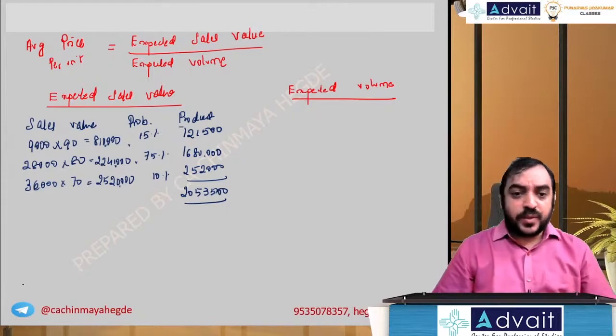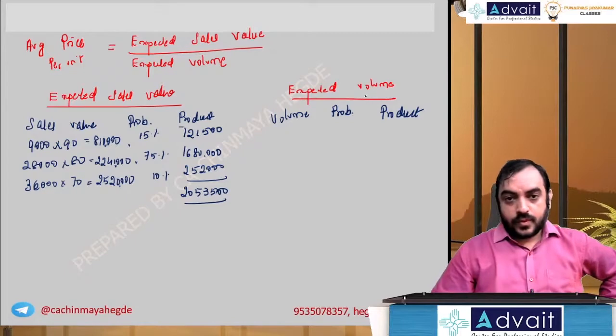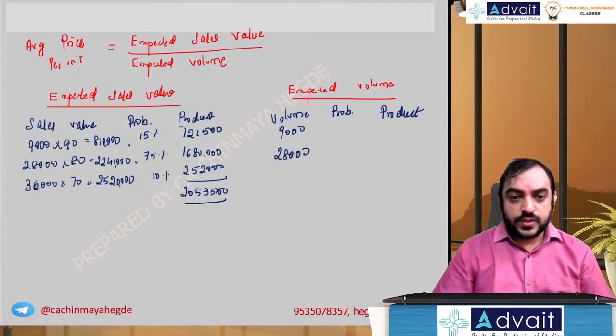Now we'll calculate expected volume. How do you calculate? Same format: volume, probability, and product. Volume is 9,000, 28,000, and 36,000.